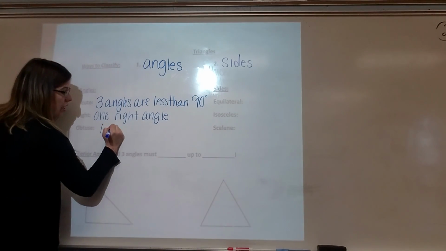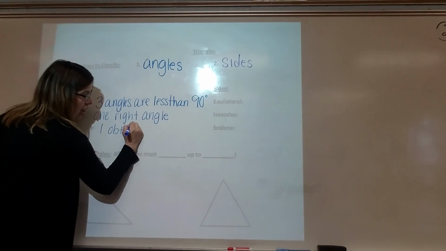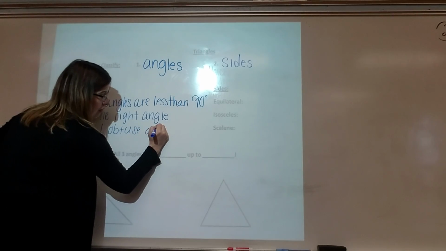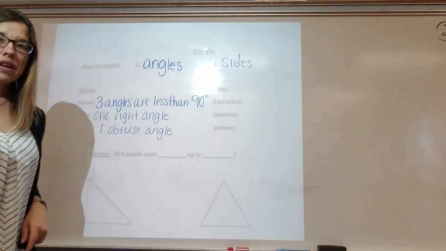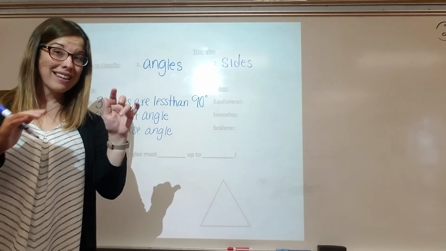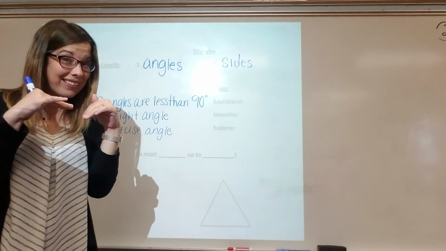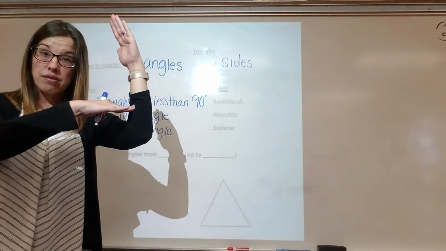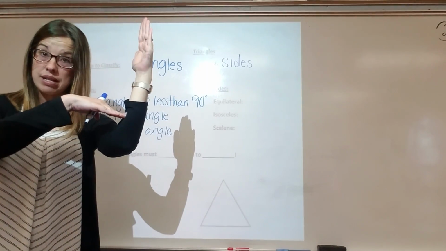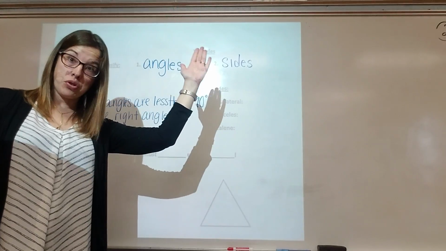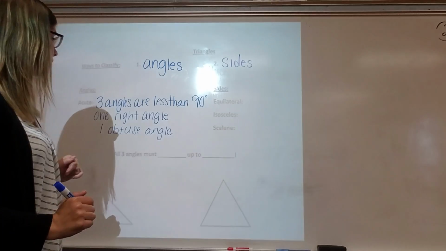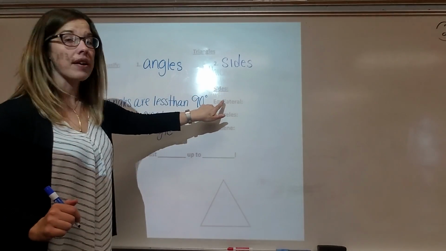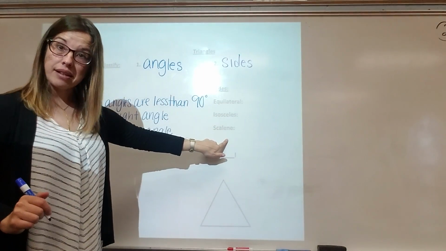So you can classify a triangle as an acute triangle, where all the angles are really little, a right triangle, which makes a 90-degree angle, or an obtuse triangle, where it has one obtuse angle. Okay? Now, we can also classify triangles by their side lengths.